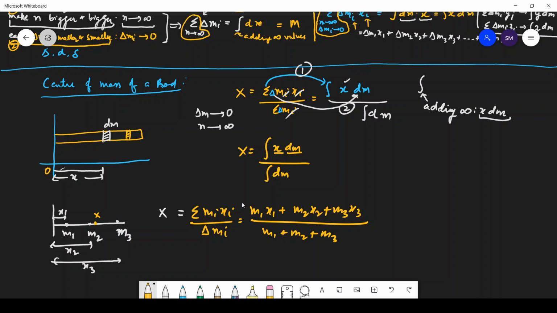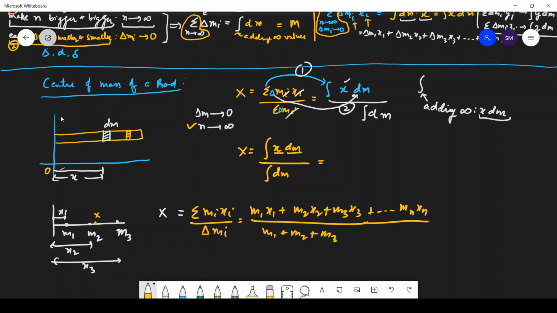So here also we are doing the same thing, but here they are infinite. Here I can replace i with 1, 2 and 3, and even if there are n, I can replace it with mn xn. But here n tends to infinity, because this is continuous.